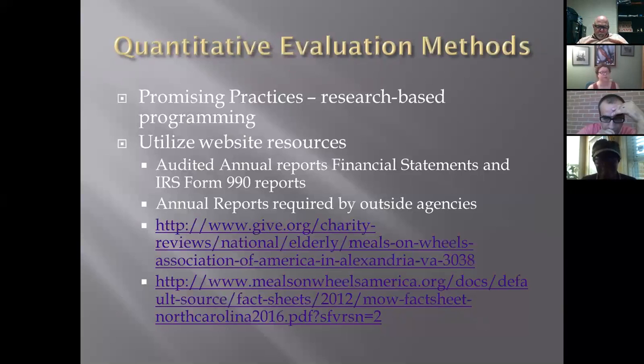Most charities will list these on their website. If not, you can go on the government websites and find them. Also, their annual reports that are required by outside agencies. Each year, even Mars Hill creates an annual report and publishes it for public viewing.